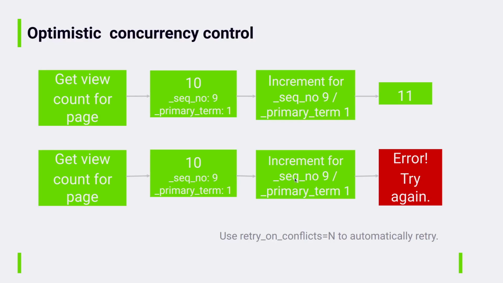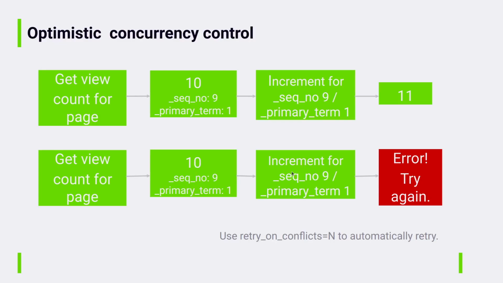We'll see this in terms of code within a few minutes. So what will client 2 do then? It will repeat the process. It will again try to get the view count for the page. When it tries again, it will get the new view count, which is 11, and the new sequence number and primary term.